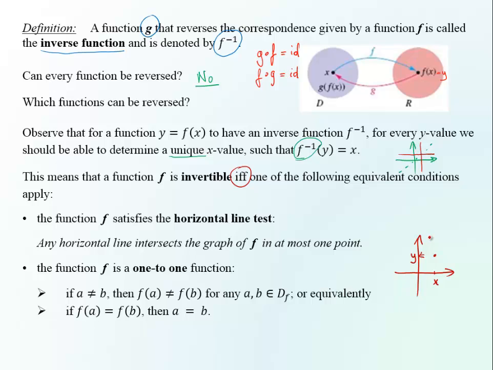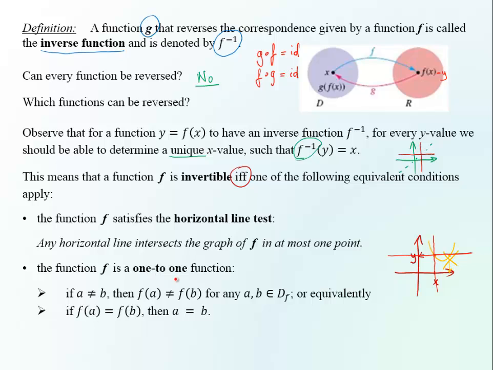That means I can't have a situation like this, where the value y can be obtained from two different x's. That's not allowed. That's why we have the horizontal line test, not only the vertical line test, but also horizontal. It must be one-to-one. That means for every x, exactly one y, for every y, exactly one x.